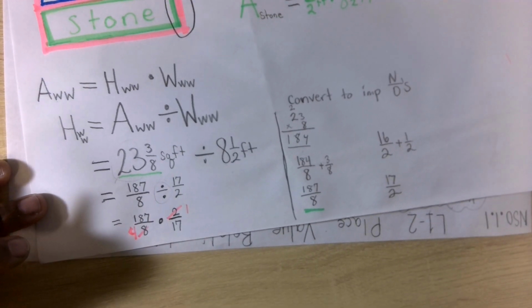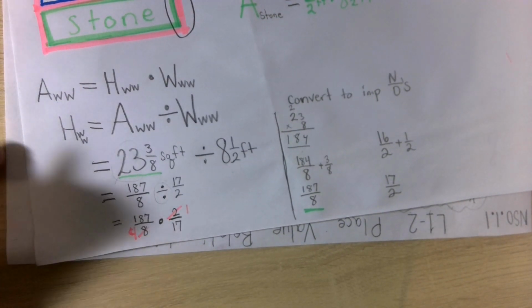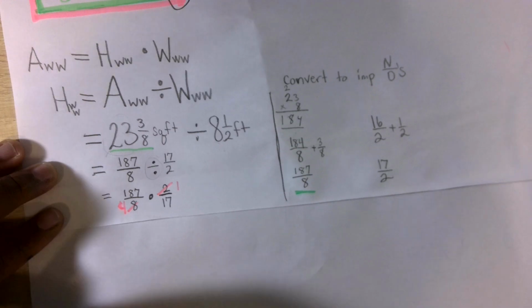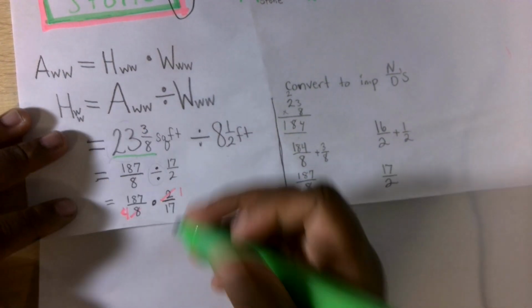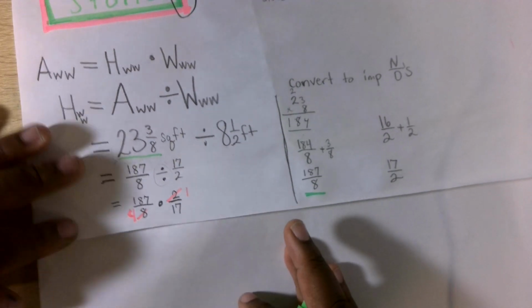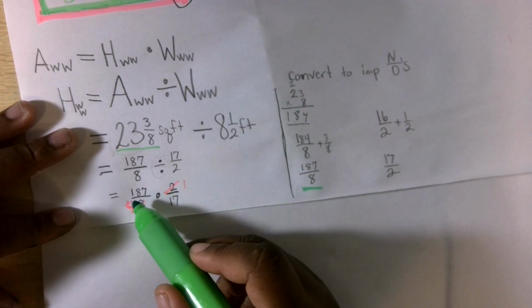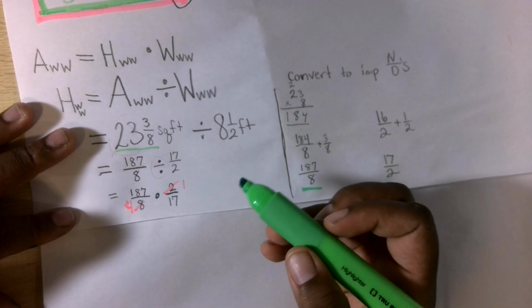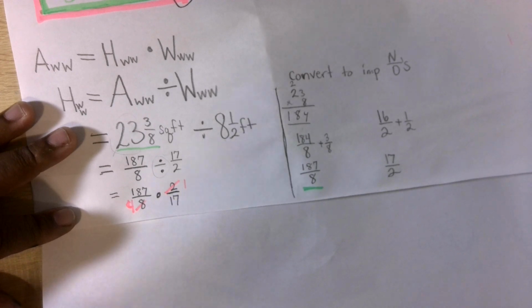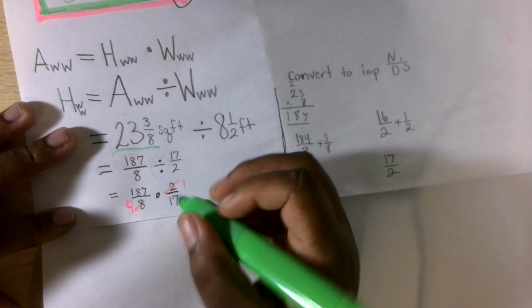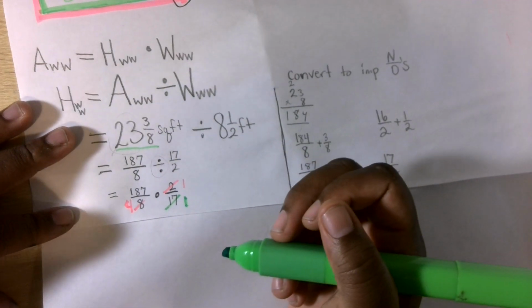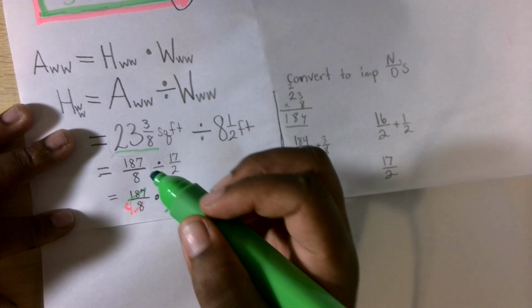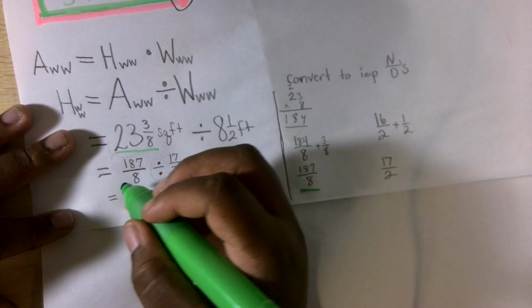Now, I do happen to know a few of my 17s times tables. I see that 187 is clearly greater than 17 times 10. And 17 times 11 will be 187. And so this will reduce. 17 divided by 17 is 1. 187 divided by 17 is 11.